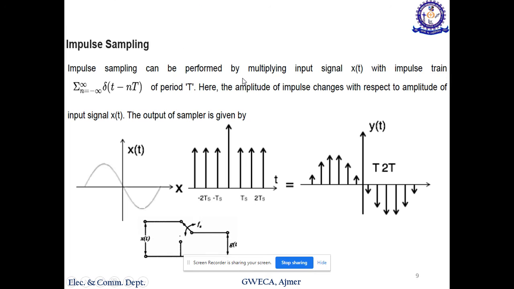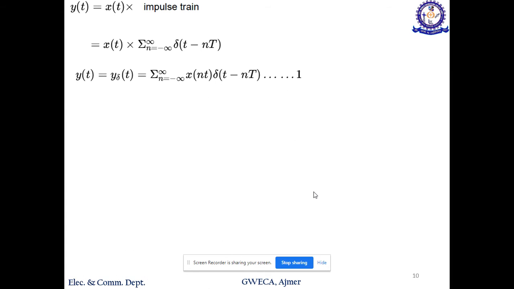We can see here that x(t) is uniformly distributed from minus infinity to plus infinity at a sample interval of Ts. Okay, so we will get this output y(t) in the time domain, like this.